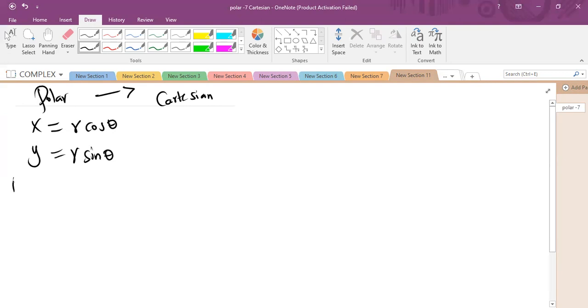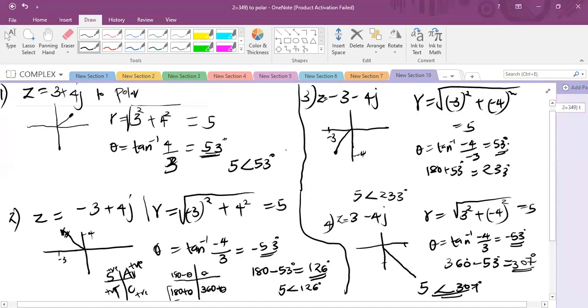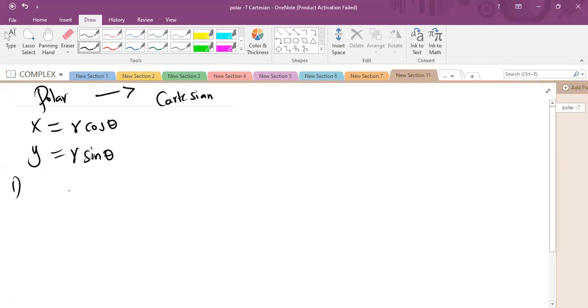That's it. So let's say, for example, we just take up what we did in this other section. Like the first one, we had 5 and 53 degrees. So we want to convert this back into Cartesian. So you have your z equal to 5, and the angle is 53 degrees. To convert to Cartesian, you get the value of x and y.